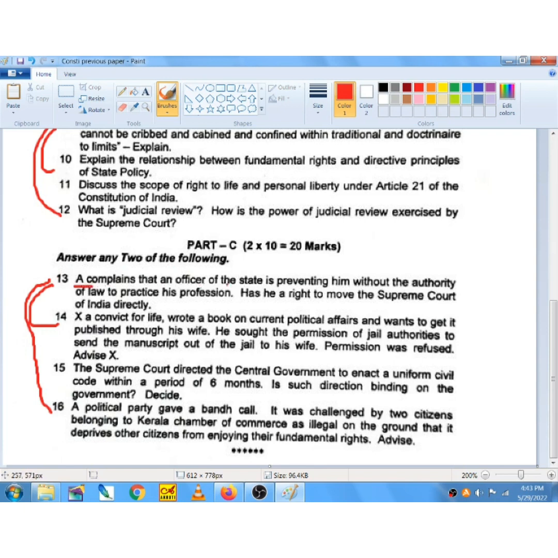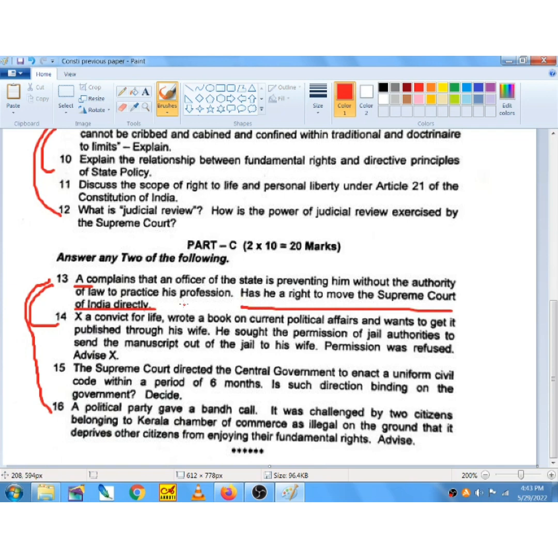So we'll take the first one for example. A complains that an officer of state is preventing him without the authority of law to practice his profession. Has he a right to move the Supreme Court of India directly? So in this case the facts are, A is a person that is being prevented from practicing his profession, and the person that is preventing him is the officer of the state. So the fact in issue is whether he has a right to move the Supreme Court of India or not.